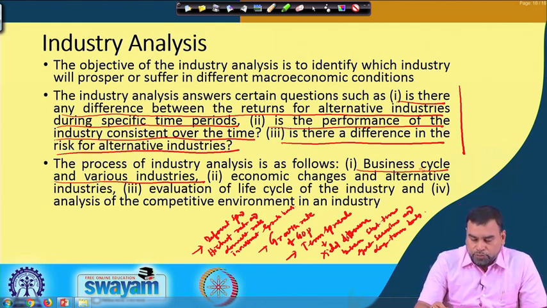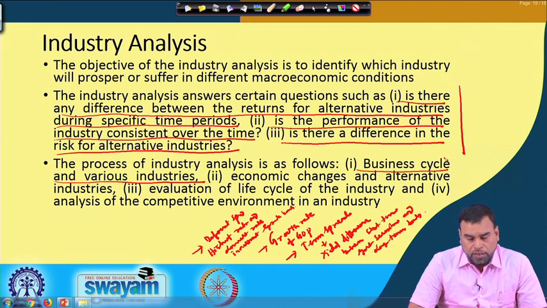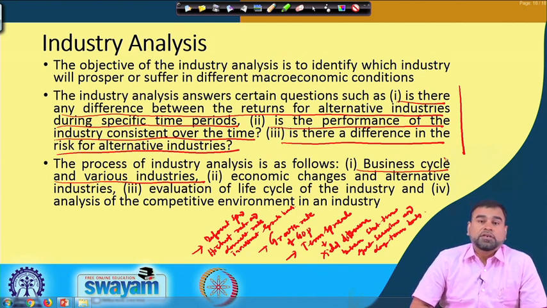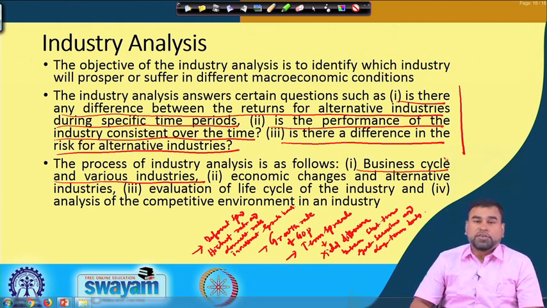Therefore, we have to relate it with respect to the business cycle. Then economic changes in alternative industries: if there is a change in inflation or a change in interest rate, how is this industry getting affected by that? Change in interest rate may affect the financial industry largely. Other industries are also indirectly affected, because an increase in interest rate will decline investment.